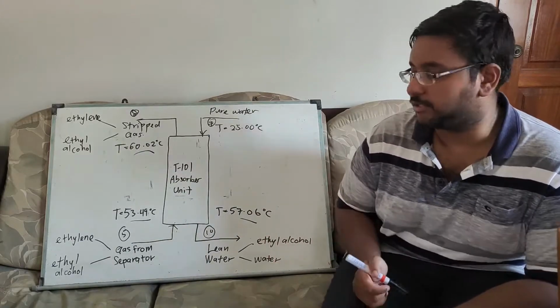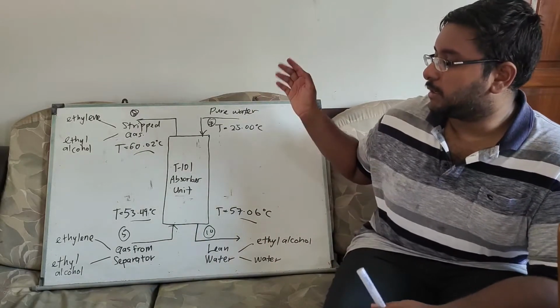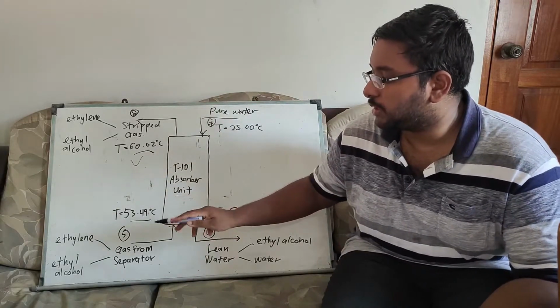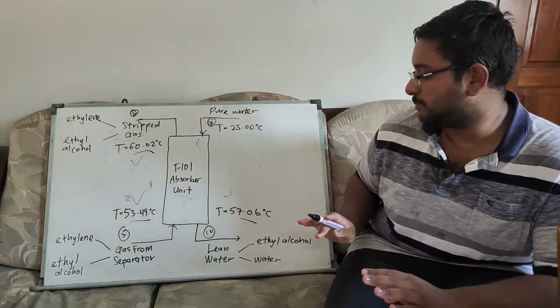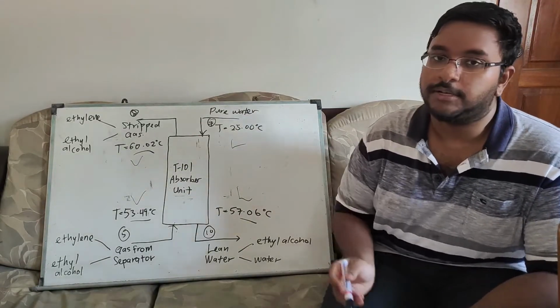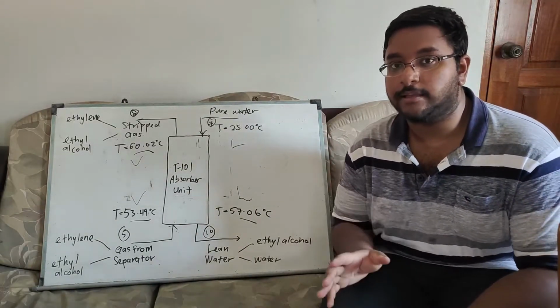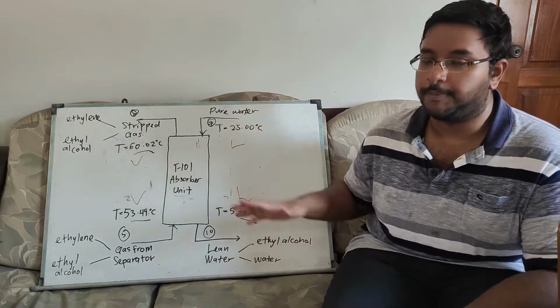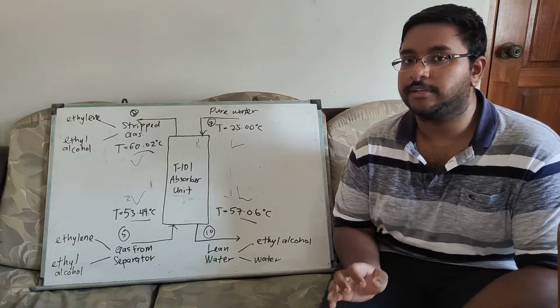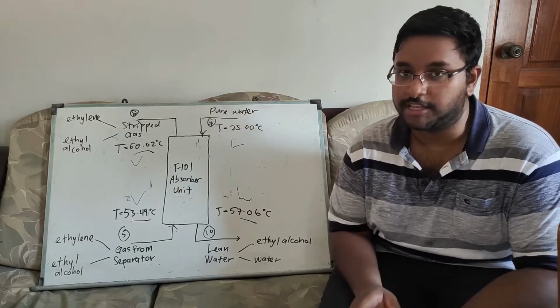Secondly, I would like to talk about toxic material release into the environment if the T101 absorber unit is punctured or ruptured. Stream 8 is in vapor form, along with stream 5, which is also vapor. The other 2 streams are in liquid form. When vapor is released to the environment, it can be inhaled by personnel in the plant and absorbed into the bloodstream, which will reduce the oxygen carrying capacity of the body.